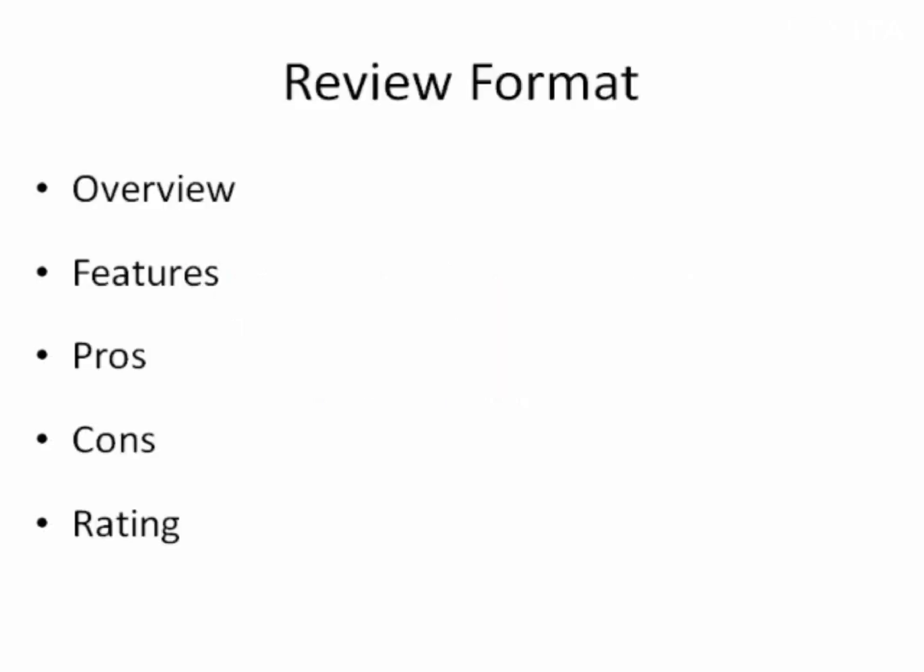The review will simply start out with an overview of the product. Then I'll list out the top 5 or so features of the product, and then I'll list the pros and the cons. Now a lot of you might say, well, why would you list the cons when you're trying to get them to actually go buy this product? Well, first off, people want an honest review.